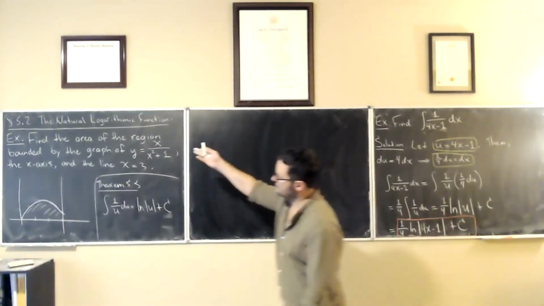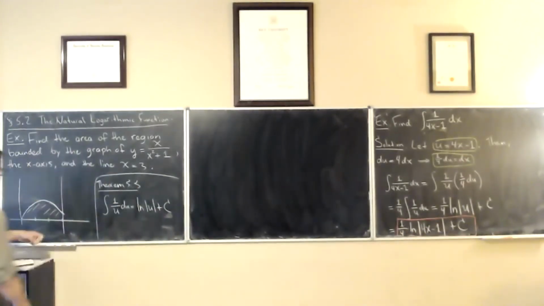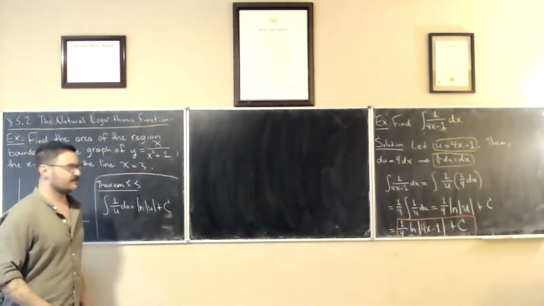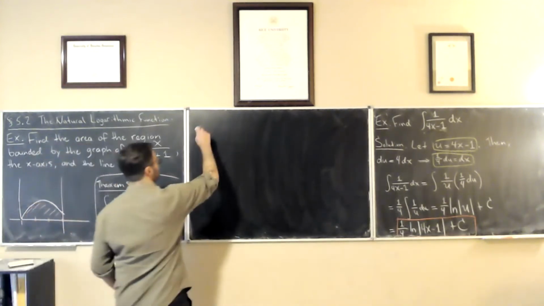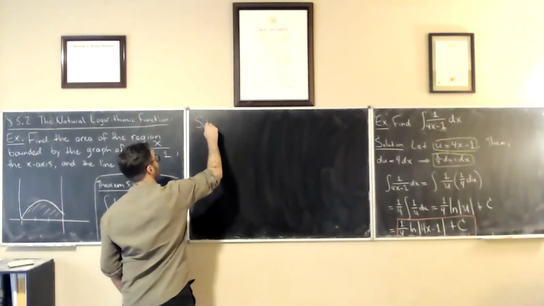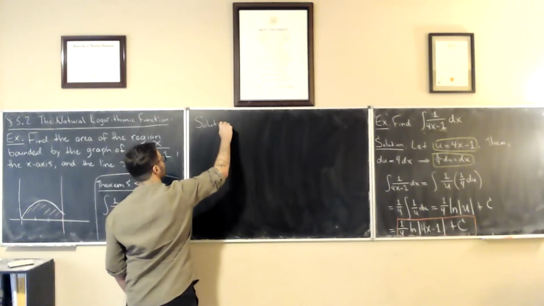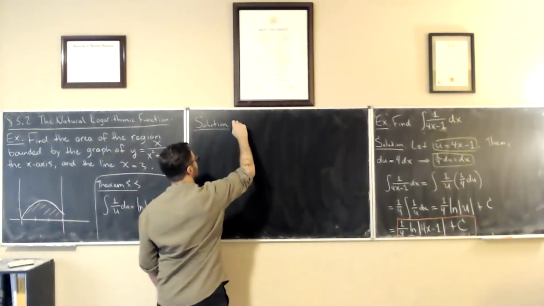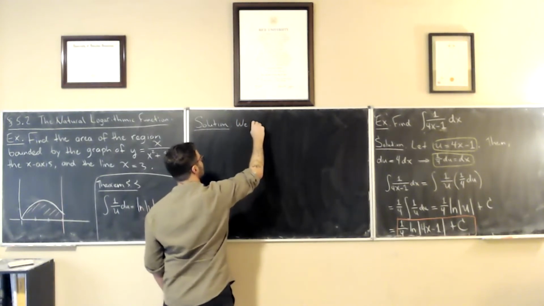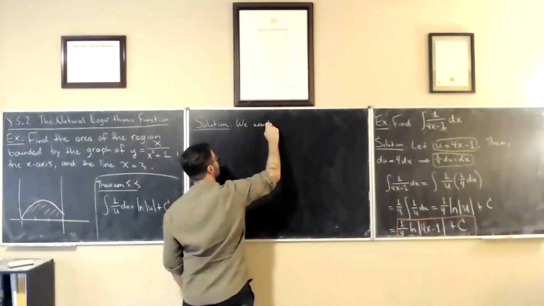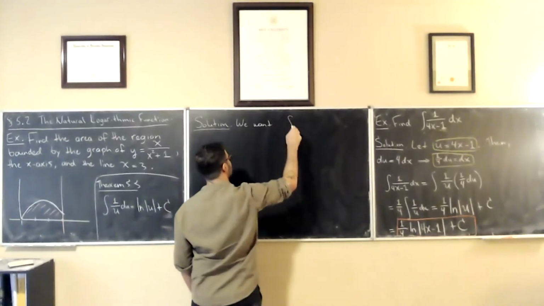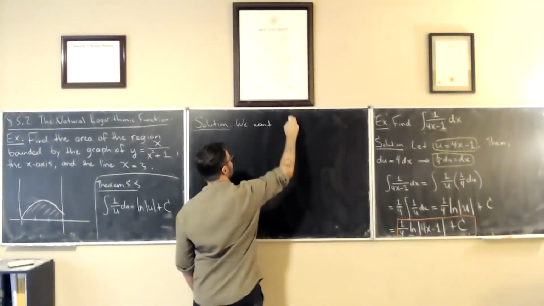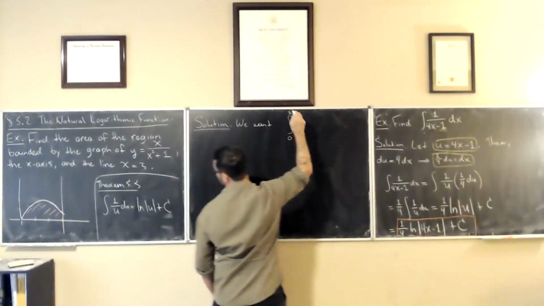So we have to find this area. This is a definite integral problem. The bounds of integration are 0 and 3. That's our function. So the solution is that integral. So we want to evaluate this integral.